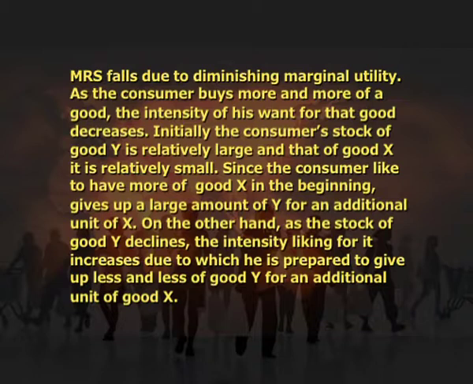Since the consumer likes to have more of good X in the beginning, he gives up a large amount of Y for an additional unit of X. On the other hand, as the stock of good Y declines, the intensity of liking for it increases, due to which he is prepared to give up less and less of good Y for an additional unit of good X.